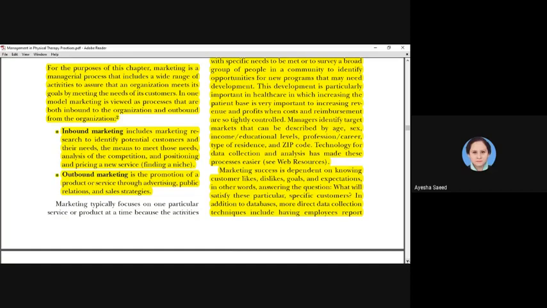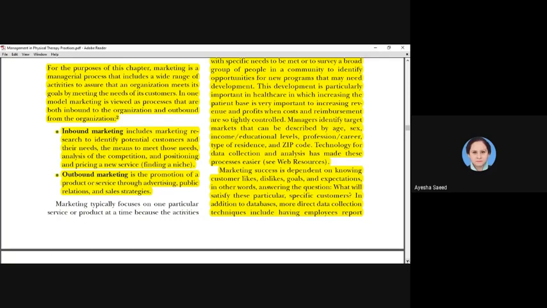Marketing success depends on knowing customers' likes, dislikes, goals, and expectations. In other words, answering the question, what will satisfy these particular specific customers? So you research deeply into the target customers that you have decided on. You research deeply into the likes, dislikes, and opinions of these customers.